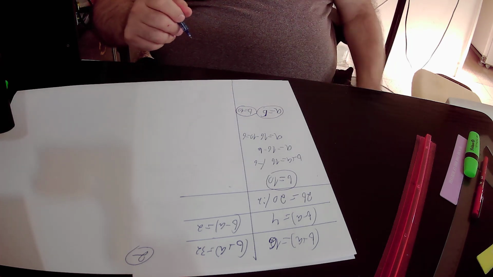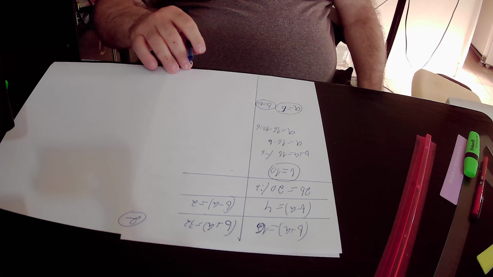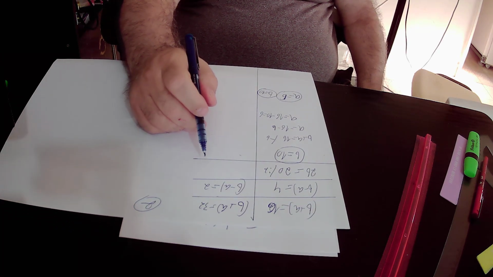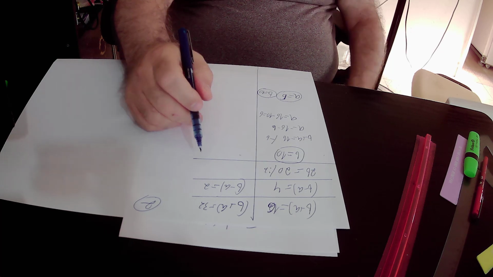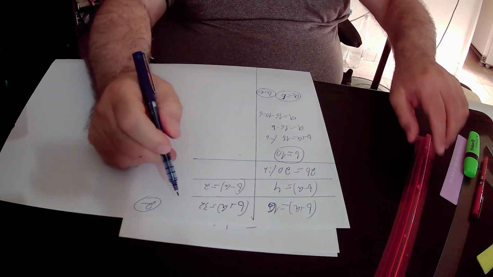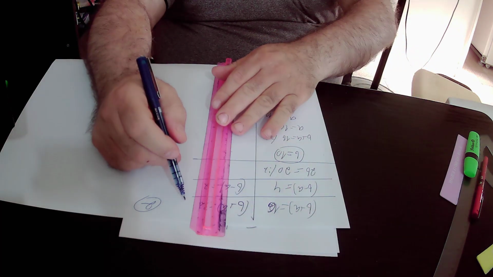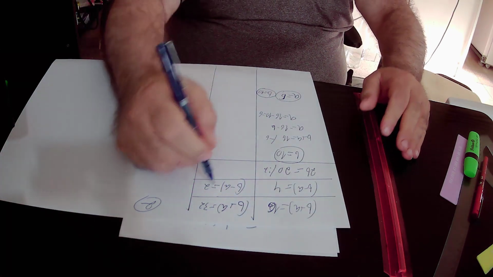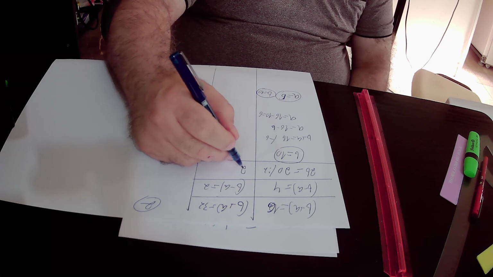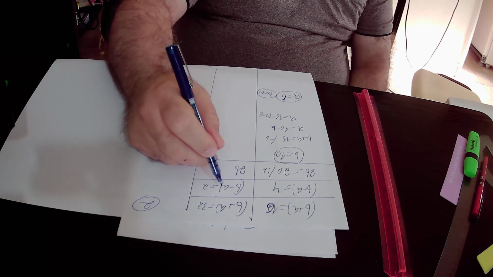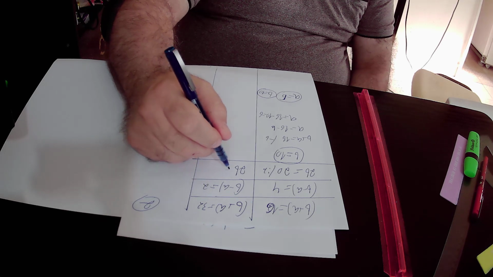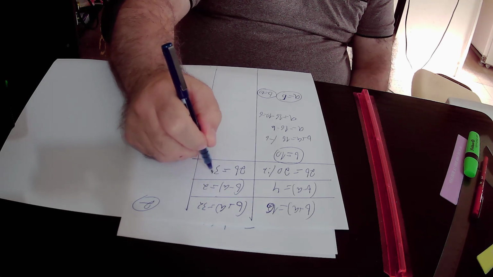The second solution is 32 and 2. We add the two equations together and we get that B plus B is 2B, A minus A is 0, and on the other side of the equation we have 32 plus 2, which is 34.